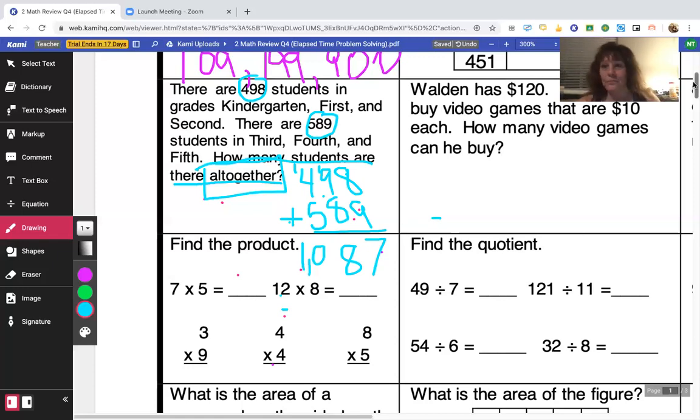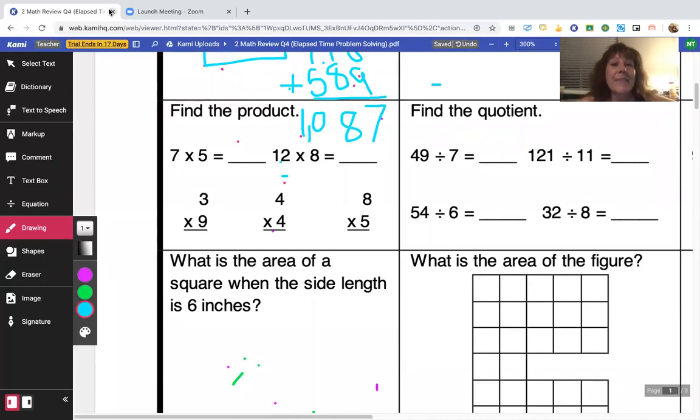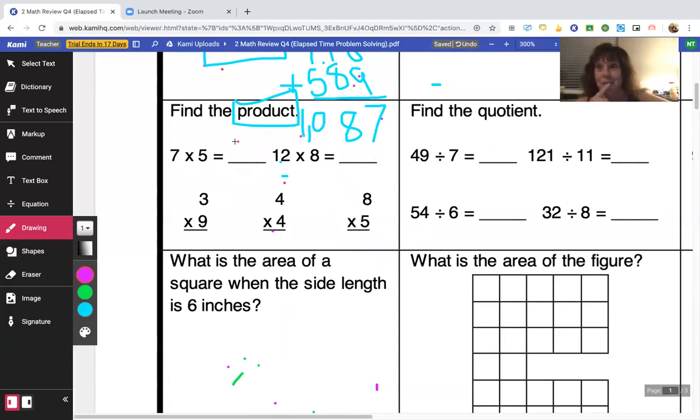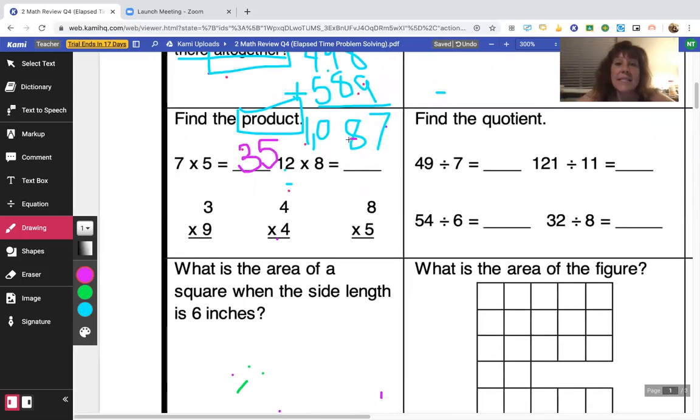Okay. Next one, find the product. And I know that a product is an answer to a multiplication problem. So hopefully you have these memorized. 7 times 5 is 35. You don't need to know your 12s, but if you do, that's awesome. 12 times 8 is 96.